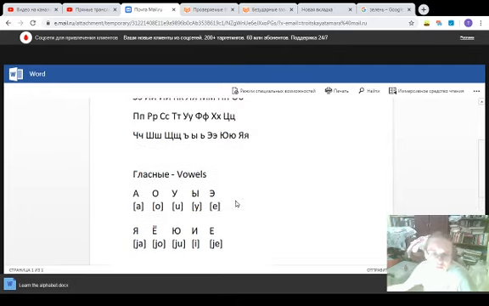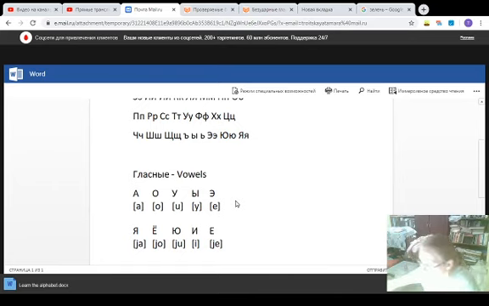Maybe I should make a separate video about this rule. And also we have some other rules. Some rules of the Russian language are complicated both for foreigners and for Russian people too.